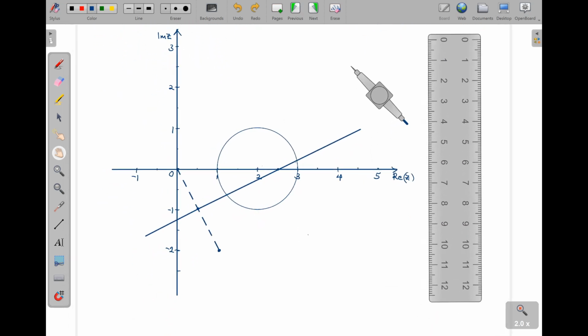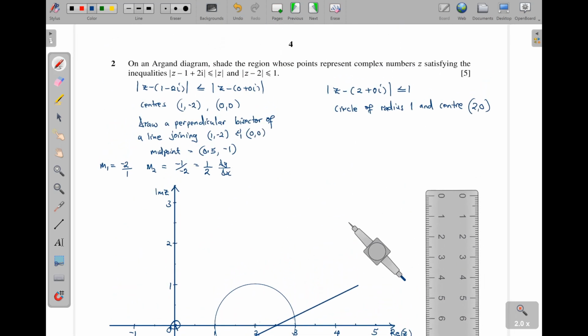Now, we have two centers. We have a center here and then a center here. When we are shading, we need points whose distance from this center here is less than their distance from the 0, 0. In other words, look at the inequality sign. Where does it point? It points to this center. That means you go to the side where this center is, the center 1, negative 2.